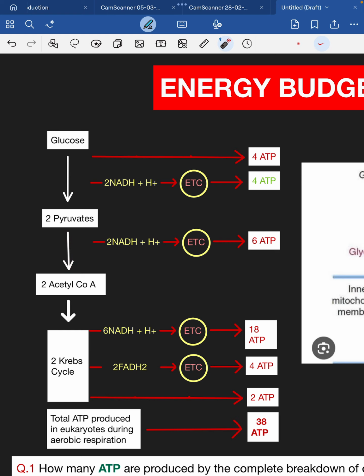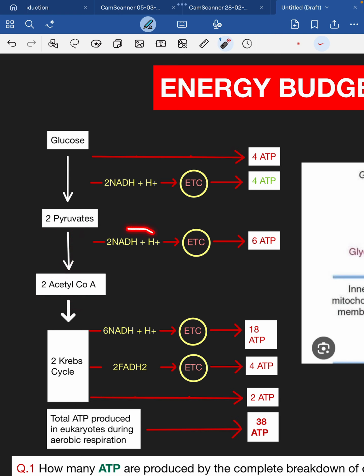Pyruvate translocase is present in the inner membrane of the mitochondrion, and it helps the pyruvate enter the mitochondrial matrix by active transport. When pyruvate enters the mitochondrial matrix, it is converted into acetyl-CoA, and this conversion of pyruvate into acetyl-CoA is known as pyruvate oxidation or the link reaction.